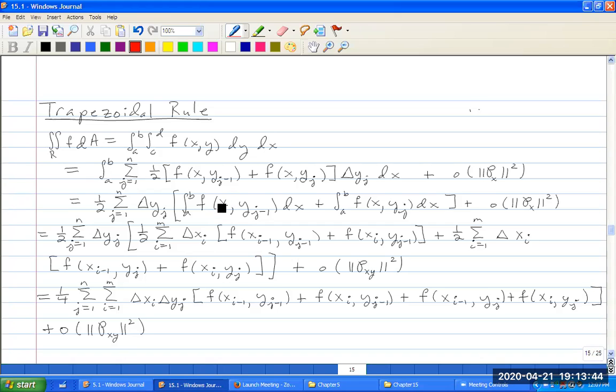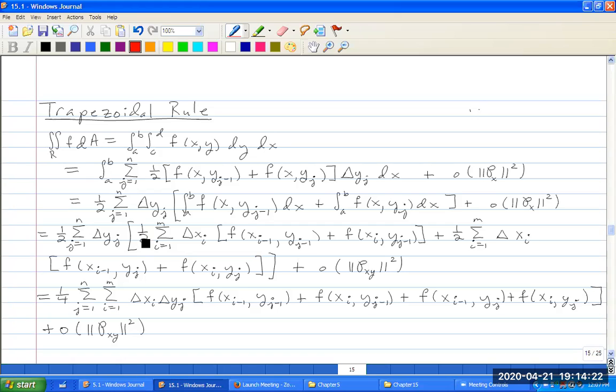This will be f of x sub i minus 1, y sub j minus 1 plus f of x sub i, y sub j minus 1. Plus, now let's do it for this guy. So again, this is going to be 1/2 sum i equals 1 to m of delta x sub i, f of x sub i minus 1, y sub j, plus your little o of the square of the norm of your partition.